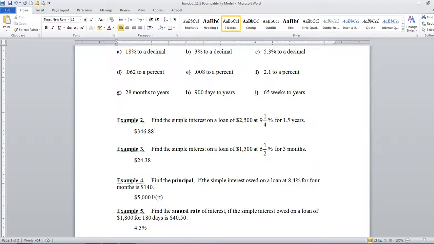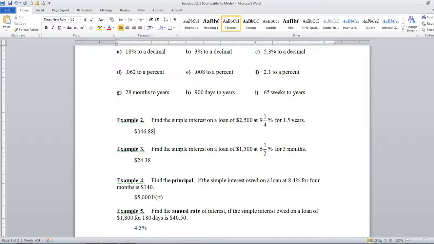And the time in years is 1.5. To find the interest, which will be in money, so it's going to be measured in dollars, rounded to the nearest penny, I take the principal of $2,500, multiply it by 0.0925, and then multiply by 1.5 years.